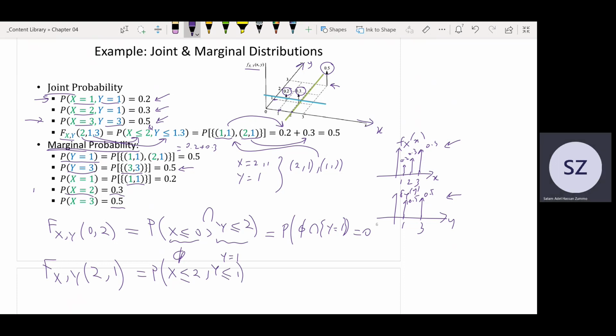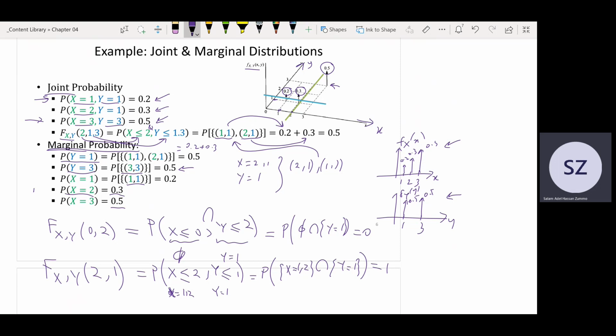What is the corresponding event to x less than or equal to 2? It can take 1 or 2. While the corresponding event here for y is y equal 1. So basically this is the probability that x equal 1 or 2 intersect with y equal 1.